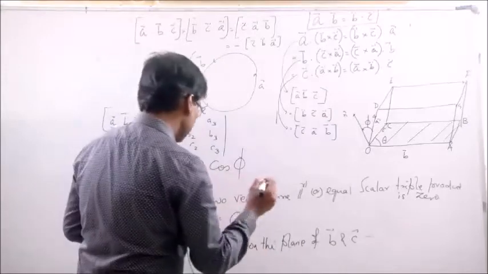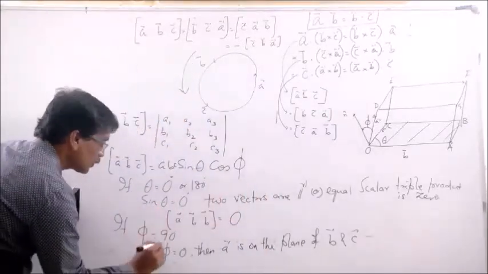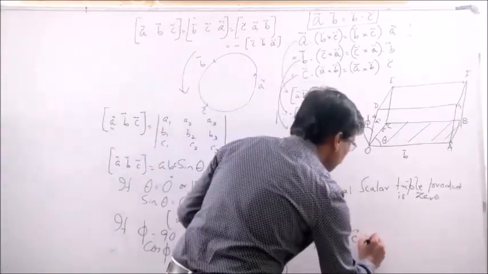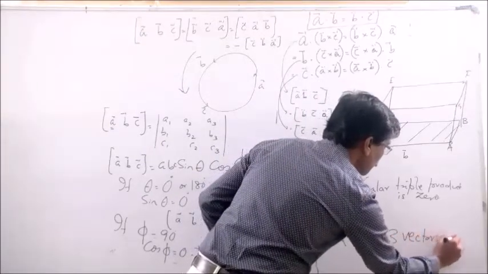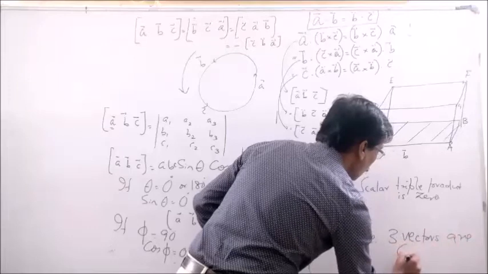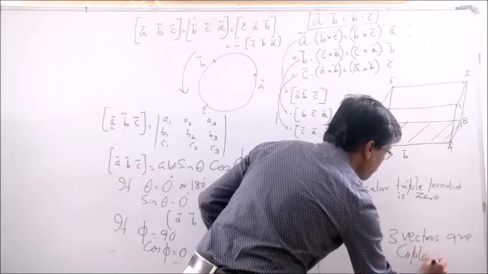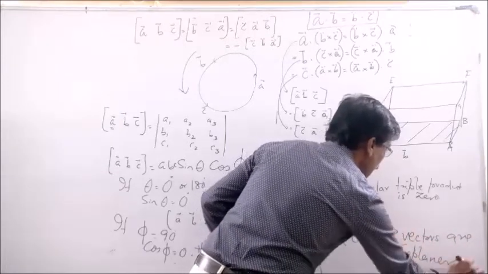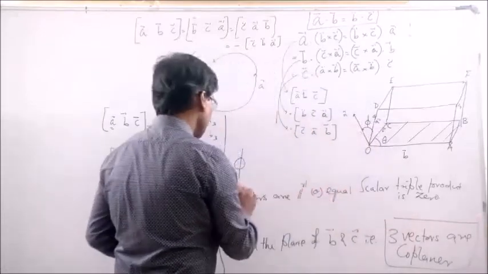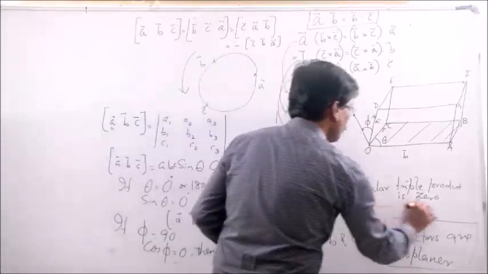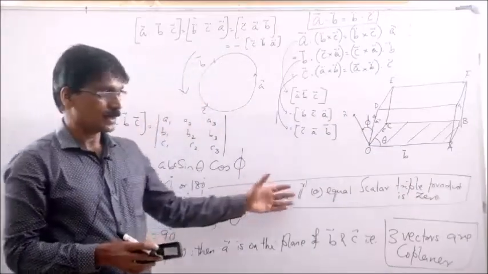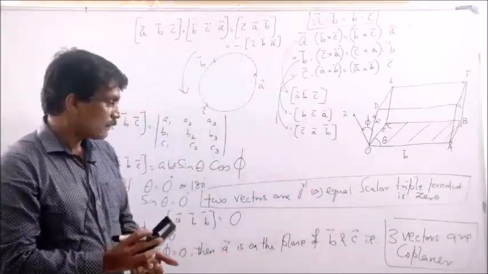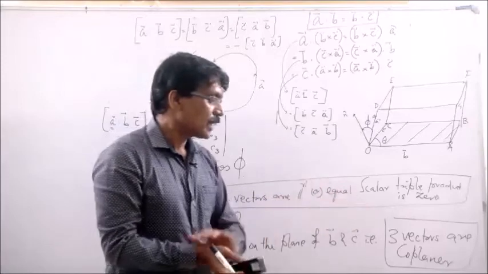So, that means 3 vectors are coplanar. So, scalar triple product is 0 if 2 vectors are equal or parallel, or 3 vectors are coplanar.